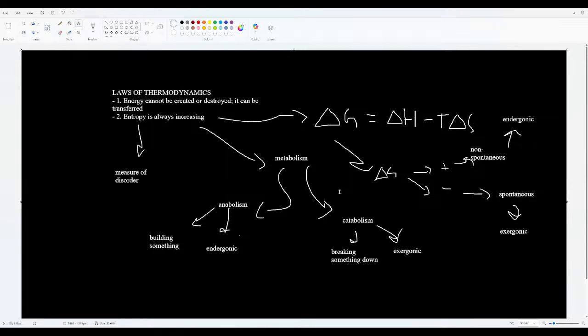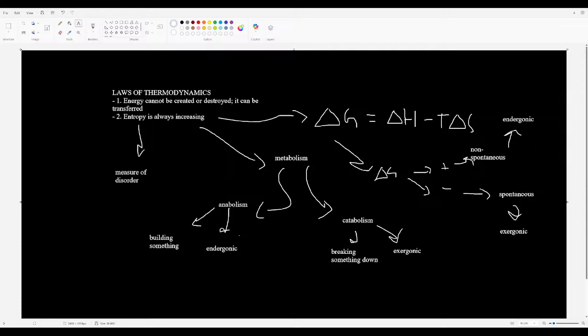So anabolism, catabolism, one is endergonic, one is exergonic. One takes in energy, one releases energy. One requires more energy to be put in, one releases energy to be used. I hope that makes sense. I hope that was not just a mindless ramble about thermodynamic concepts.